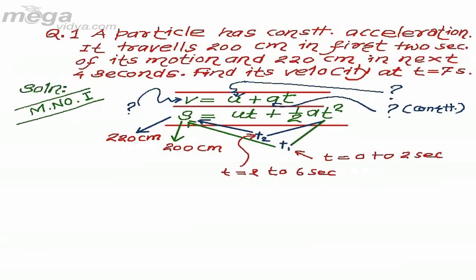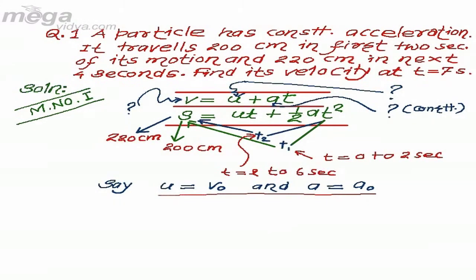So here we will first assume the initial velocity and acceleration to be say v0 and a0 respectively. Just see, say u is equal to v0 and acceleration a is equal to a0. Now if we use these assumed values in these equations, with the two informations given to us for the first 2 seconds and the next 4 seconds.